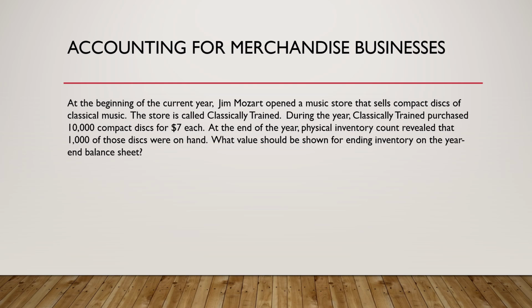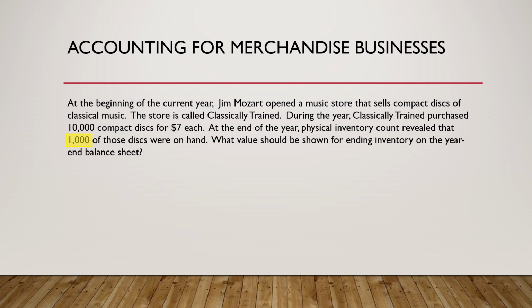People think of accounting as a math discipline, and it certainly is, but it's just as much about reading comprehension. In this case, your mind may have already jumped to the inventory equation I told you to memorize, but we don't even need that just yet. We already know how many discs we have as of the year end, 1,000.